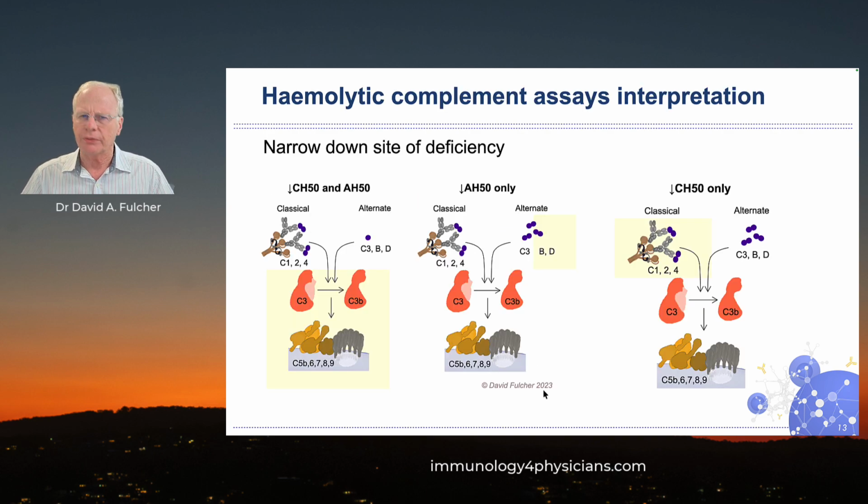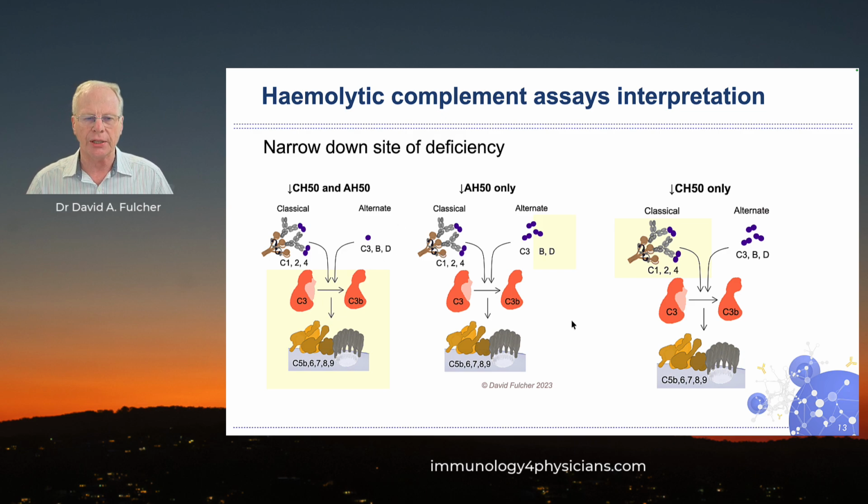Okay, so once you've done those complement assays, how do you interpret them? Well, by combining the results, it helps you narrow down where the deficiency lies. If you have a deficiency of the common pathway from C3 through to C9, you can understand that this will affect both the classical and the alternate pathways.